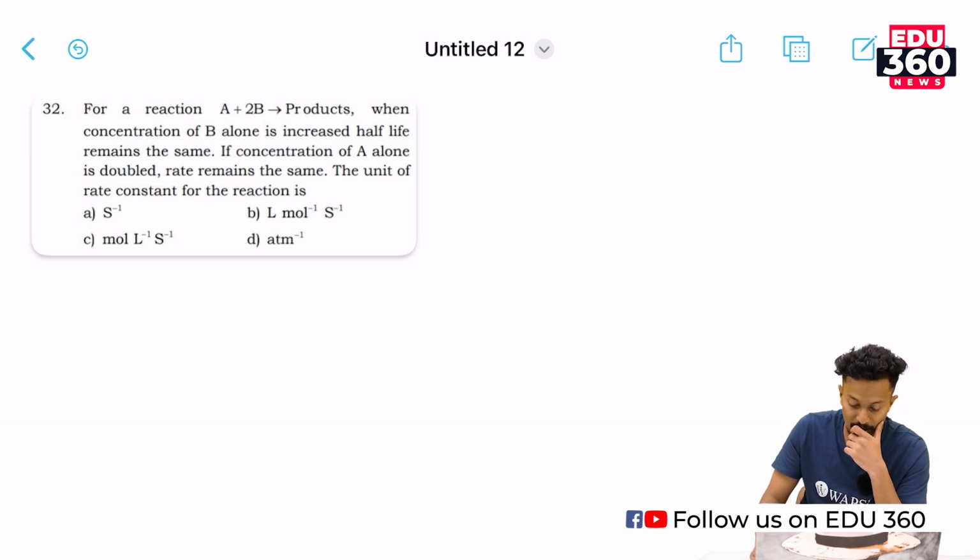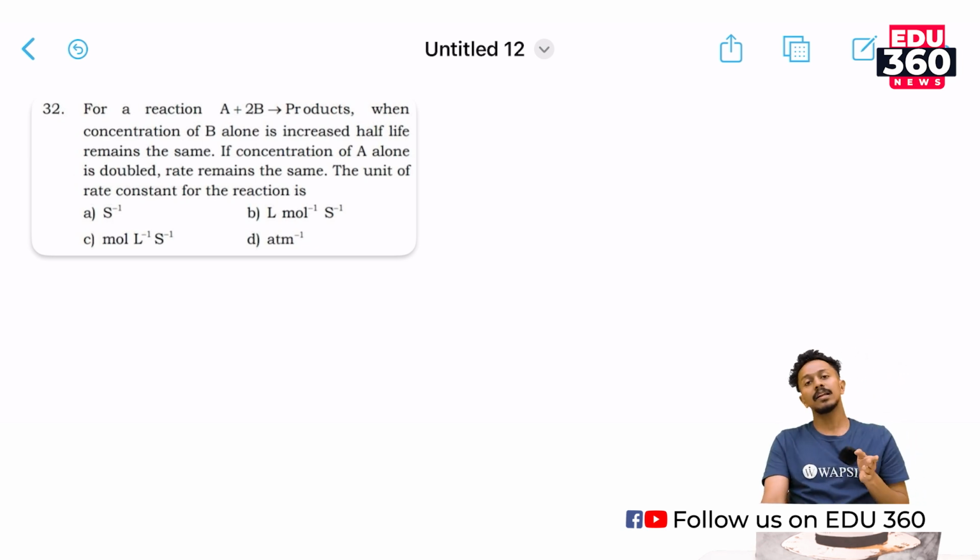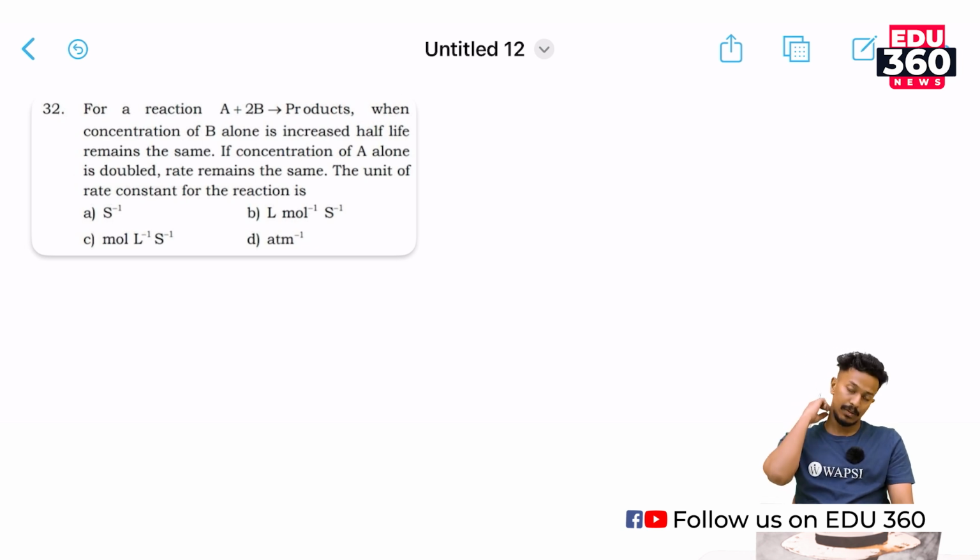A reaction A plus 2B gives products. When concentration of B alone is increased, half-life remains the same. A reaction in which the half-life does not depend upon the initial concentration of the reactants is a first order reaction.